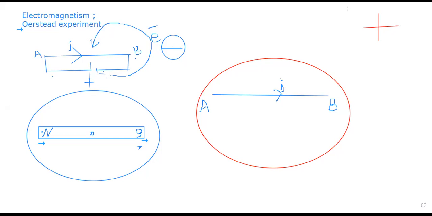This is the North Pole, and this is the South Pole, East and West here. The line joining the North Pole and South Pole is the geographical line here.